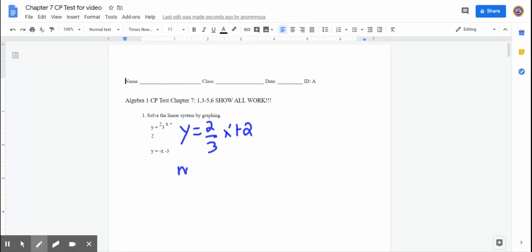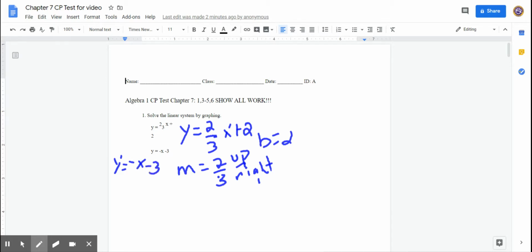So again, remember your slope is 2/3, which means you go up and right, and your b is 2. Your second line, y equals negative x minus 3, your slope is -1, and your b is -3.